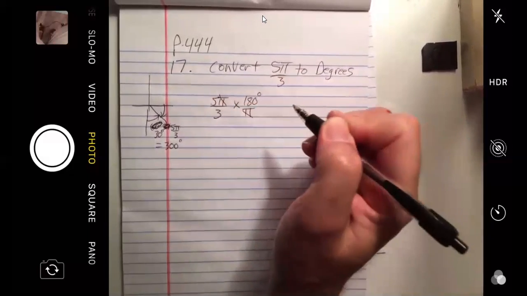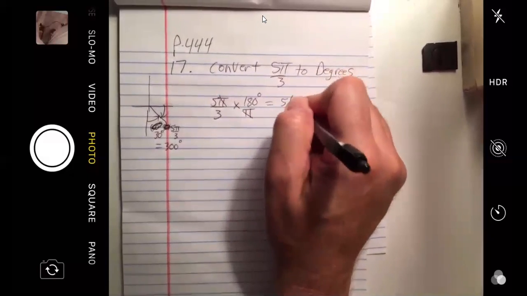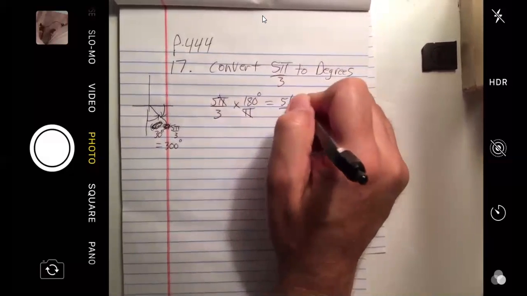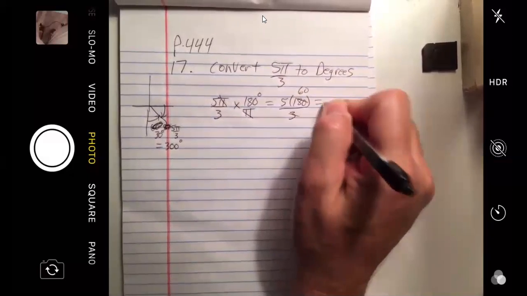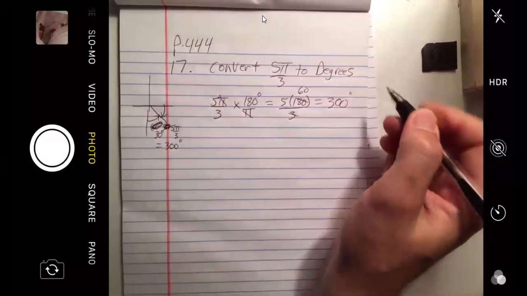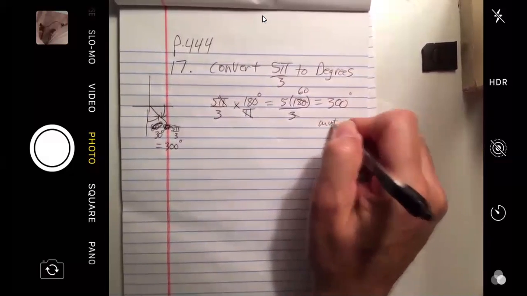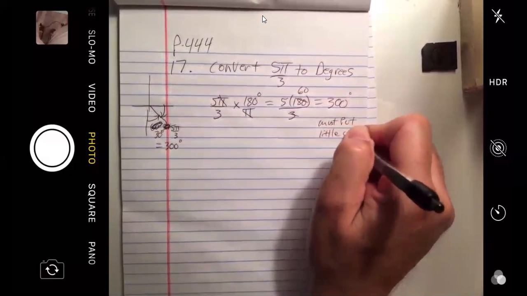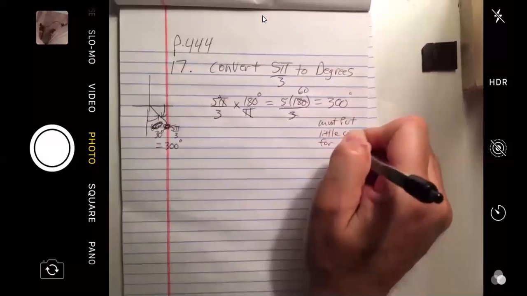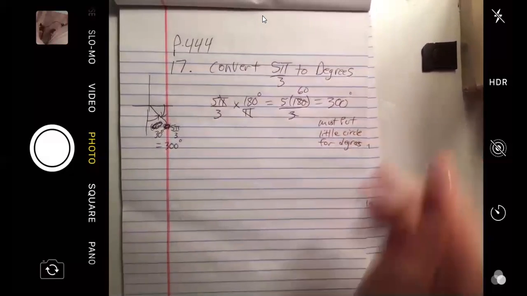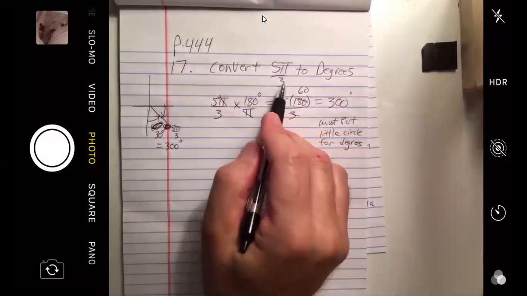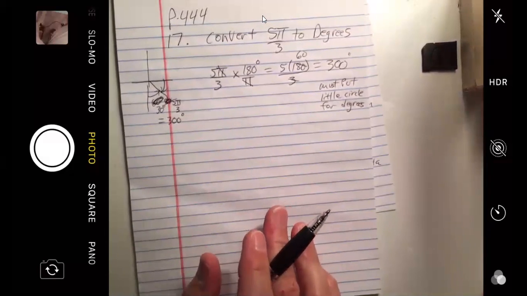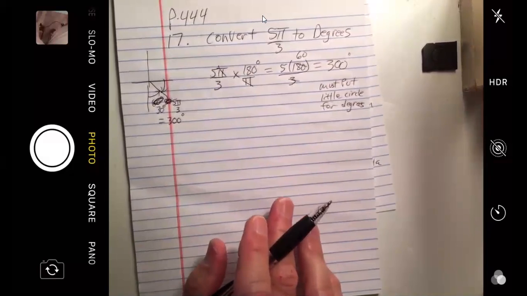The pi's cancel, so you're getting 5 times 180 divided by 3. 3 goes into 180 60 times. 60 times 5 is 300, and you've got to put a little circle for degrees, 300 degrees. But yeah, it's a standard value off the circle. You can kind of puzzle it out in your head if you know what you're doing. Sometimes I do, sometimes I don't.